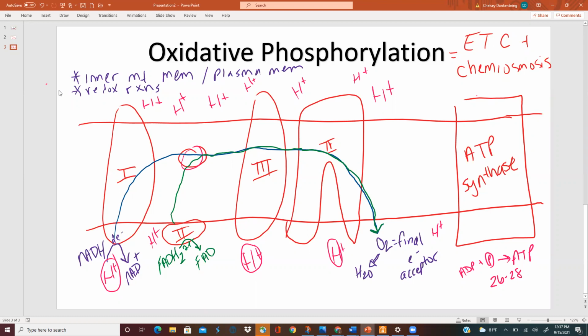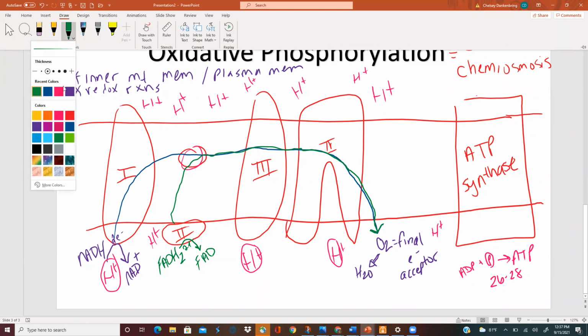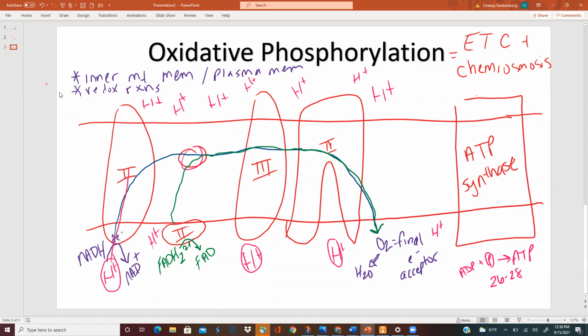And that's important because as these electrons are being transported, each redox reaction is releasing energy into the environment. And that energy is used to take these protons that exist in the environment and force them against their gradient, through these transmembrane proteins here, via active transport.